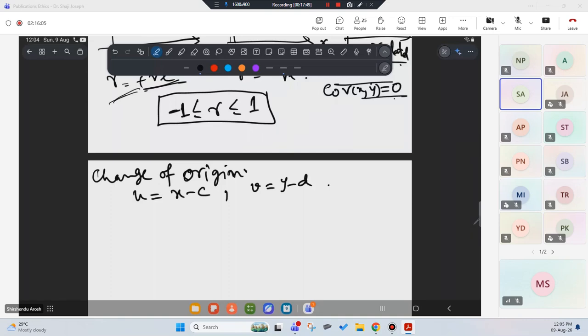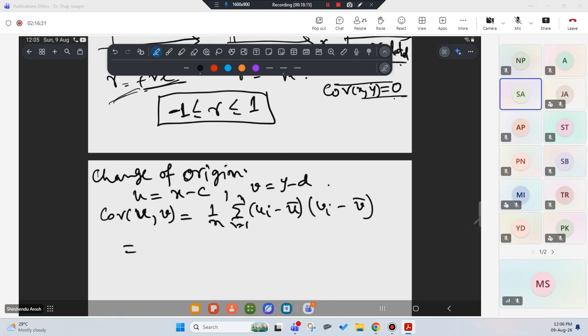If this happens, we need to find the covariance, because we have two parameters now, covariance and sigma x and sigma y. So what will happen in terms of sigma u and sigma v? What will happen to the covariance of u, v? In this case it will become the sum of ui minus u bar, vi minus v bar.